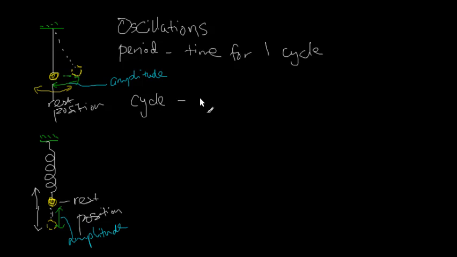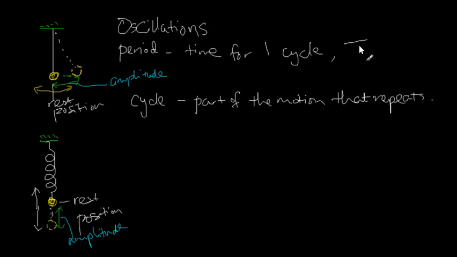So the part of the motion that repeats. Okay, so period is a time, and we could represent it by a symbol T, like T seconds or T minutes.